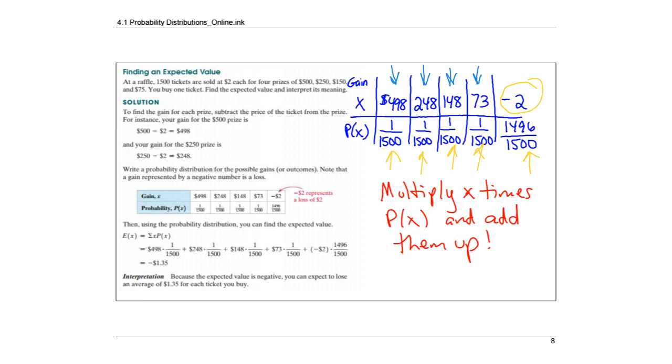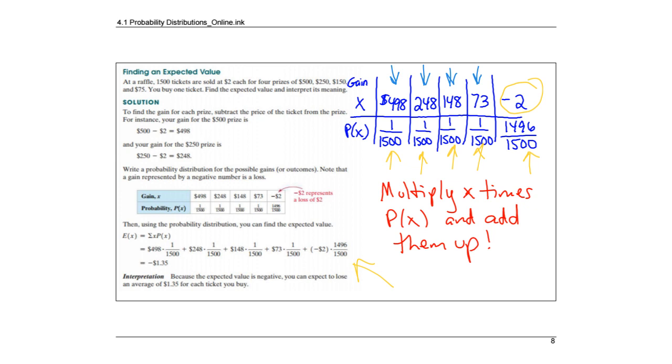Okay, so to find the expected value, we are going to multiply each of these columns. So look down here. I've got $498 times 1 over 1,500, $248 times 1 over 1,500, all the way across. And it gives me an expected value of negative 1.35.